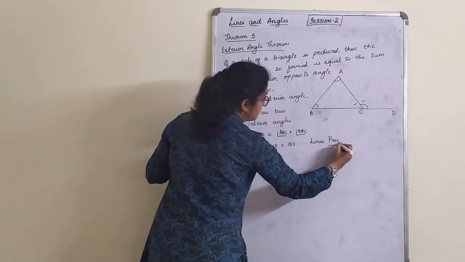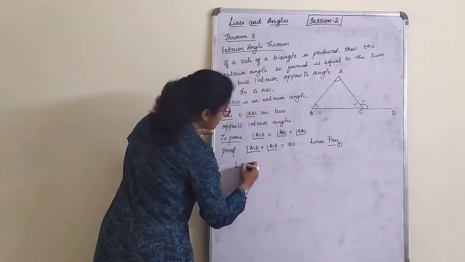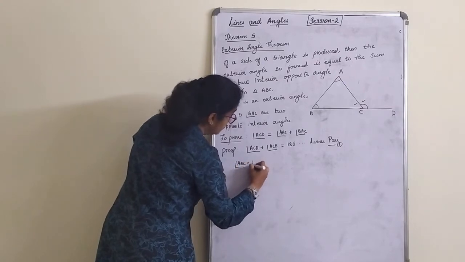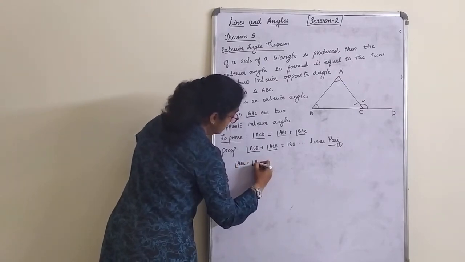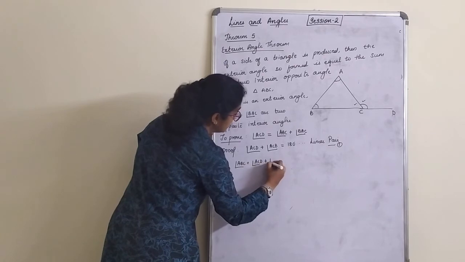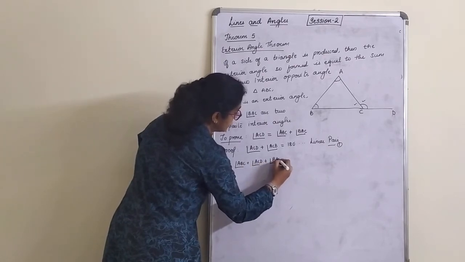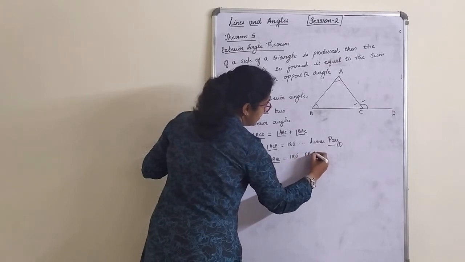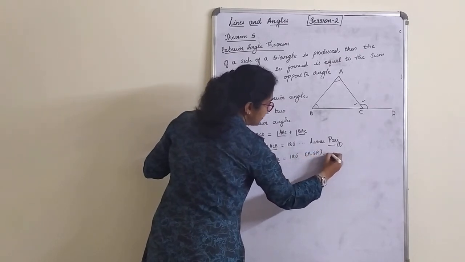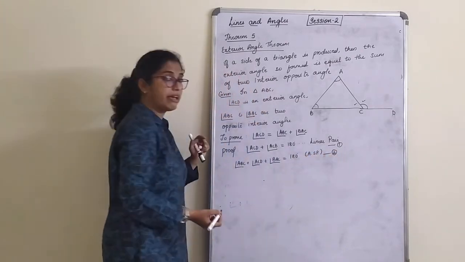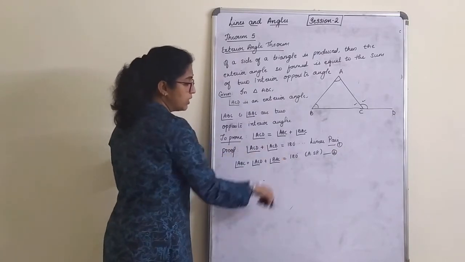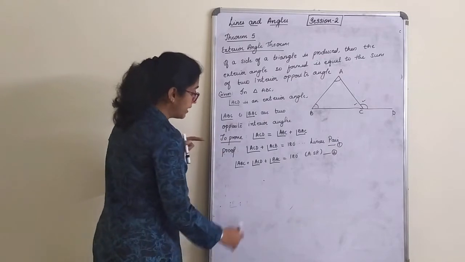Equation 1. Then angle ABC plus angle ACB plus angle BAC is equal to 180. Reason: angle sum property. Just now we proved it. Sum of the angles of a triangle is 180. From equations 1 and 2, things equal to the same thing are equal to one another.